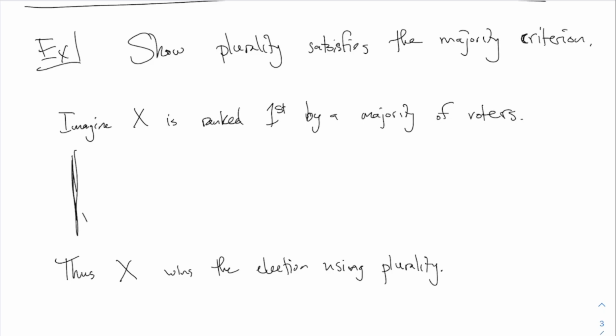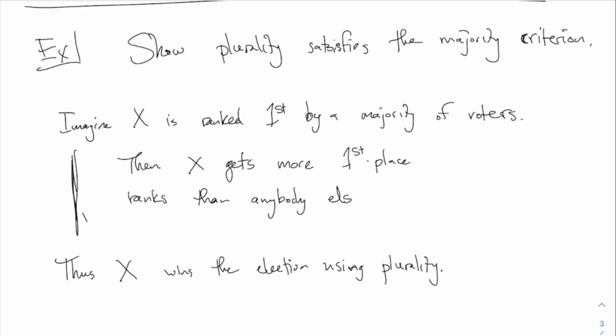Probably you can just write this in one sentence if you say your words properly. Think about what you're saying. You don't have to ramble on here, but I would say something like, then X gets more first place ranks than anybody else, and thus X wins the election using plurality.